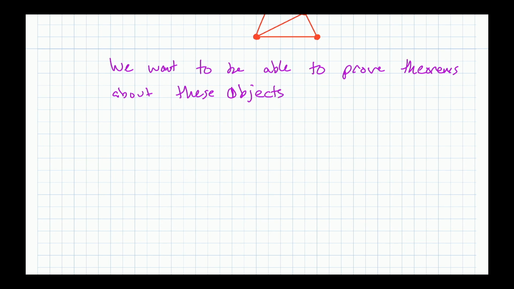And also what we want to be able to do is we want to be able to make computer programs that will perform algorithms involving these things. So we want to be able to prove theorems about these objects and construct algorithms for doing useful things with these objects.